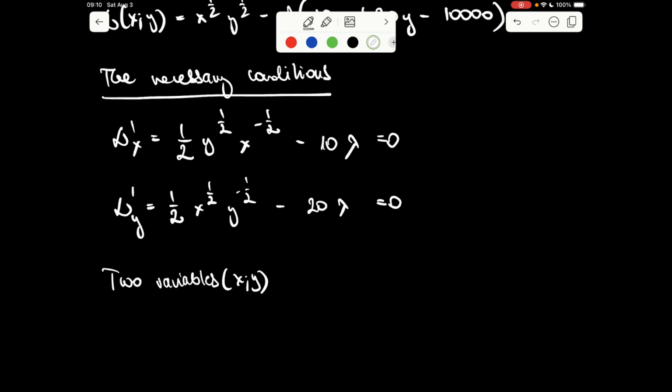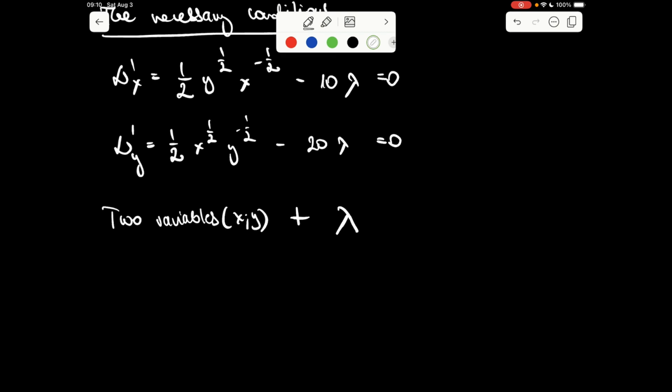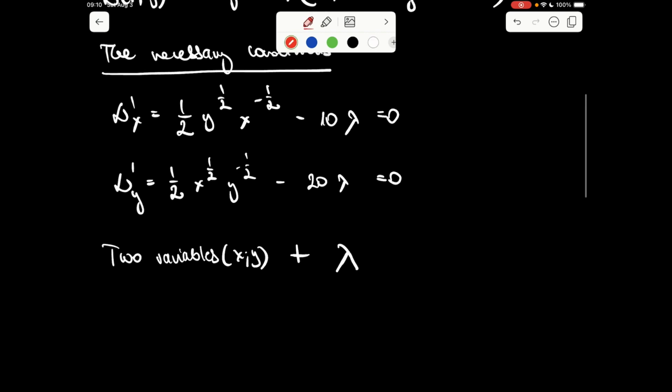Okay, so now we have two equations, and the variables X and Y, plus lambda. So we need to find a way to eliminate lambda. Lambda is in both equations, so we can solve the equations for lambda.